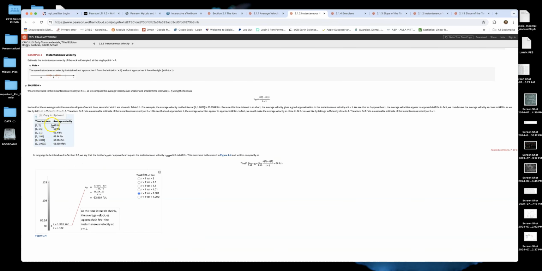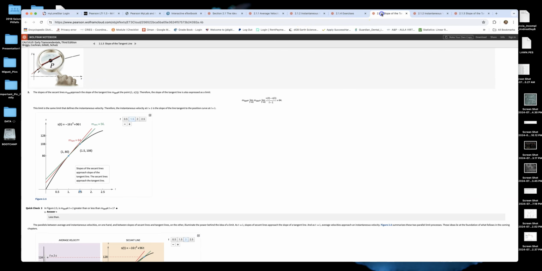You see that as I was approaching 1, for a very small amount of elapsed time, the slope was 63.9984. Okay, so what is the conclusion from this?